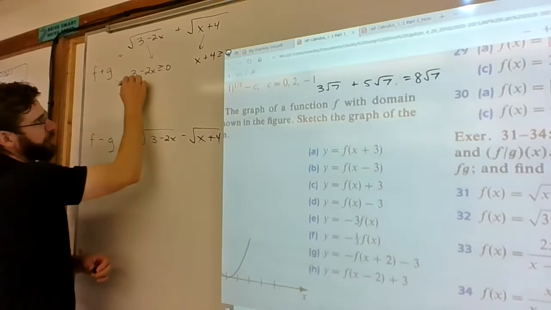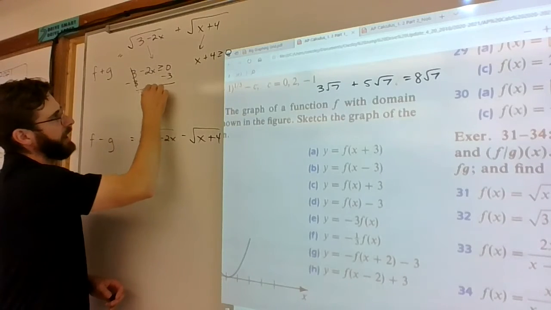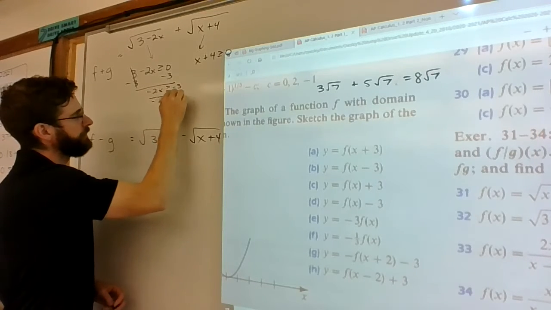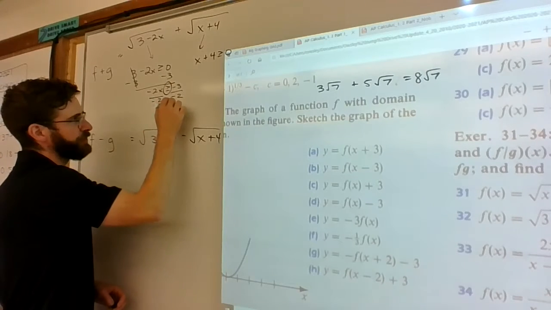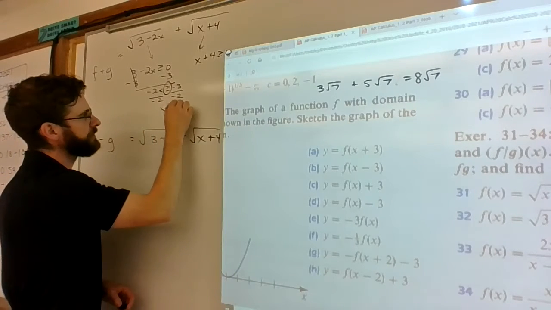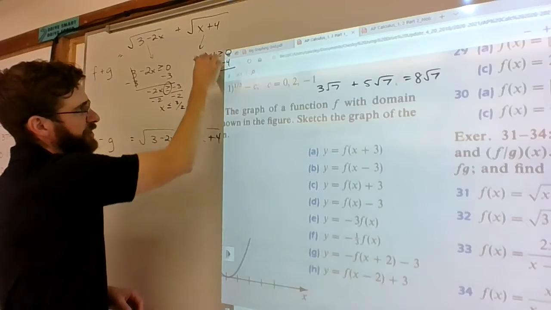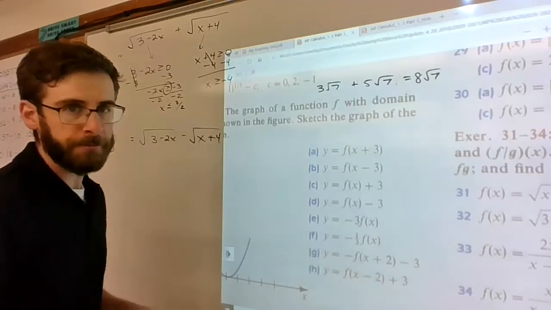So if we subtract 3 from both sides, divide by -2, this flips and becomes x less than or equal to 1.5 or 3/2. And then over here, simple subtraction of 4, and you get x must be greater than or equal to -4.